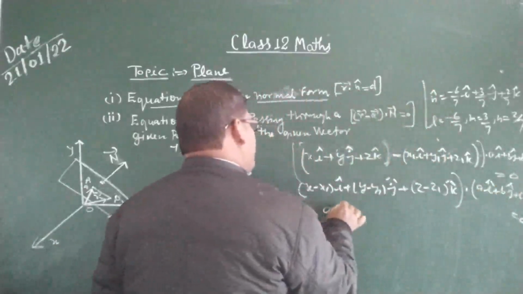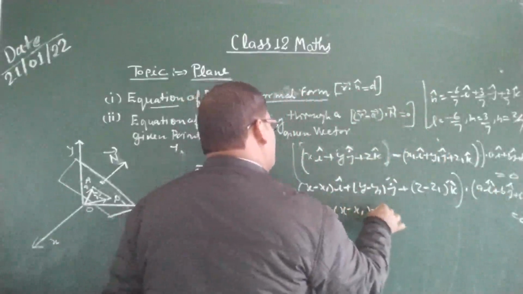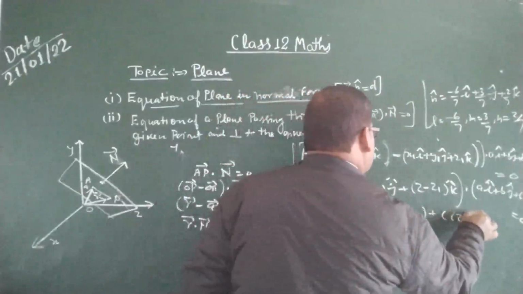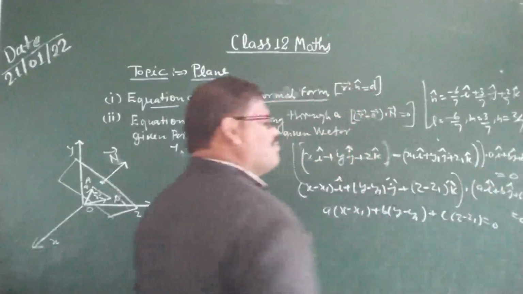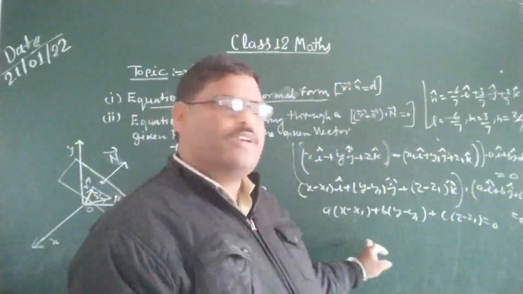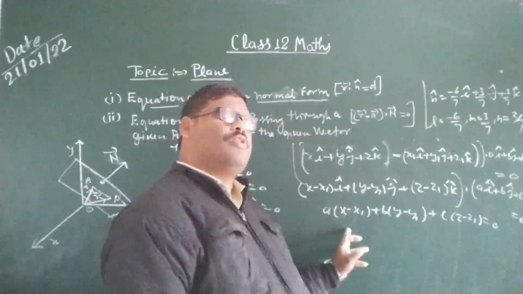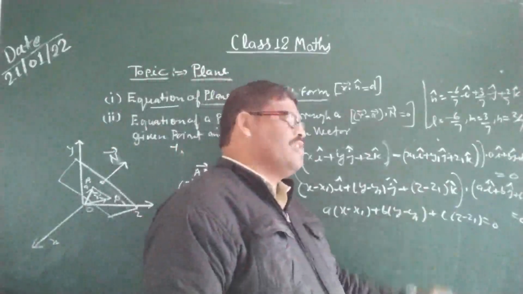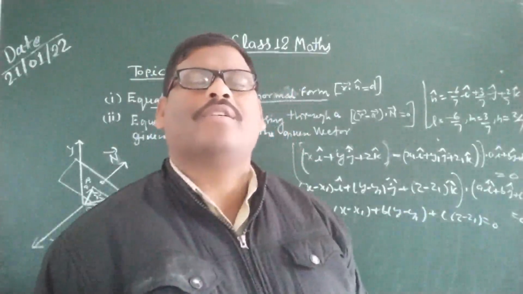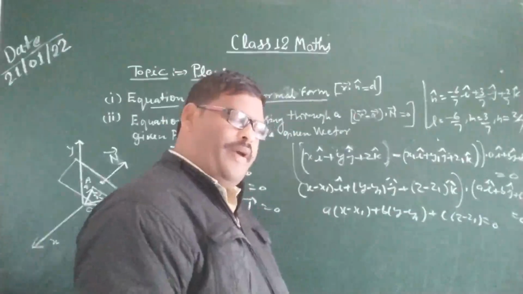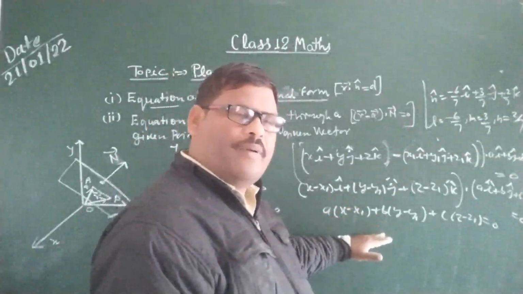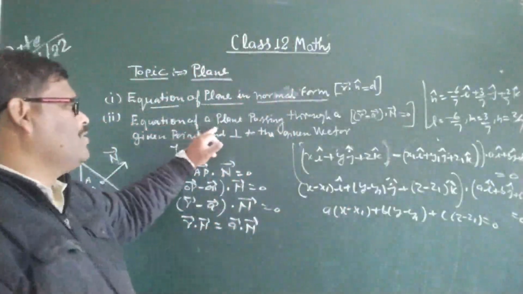This implies a times (x minus x1) plus b times (y minus y1) plus c times (z minus z1) is equal to 0, where a, b, c are the direction ratios of the given normal vector and x1, y1, z1 is the given point.